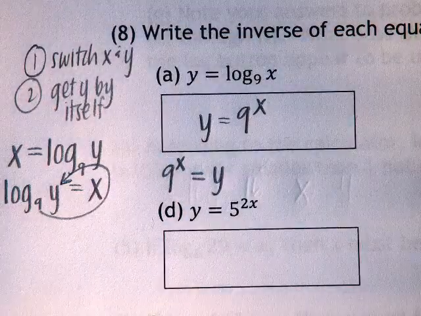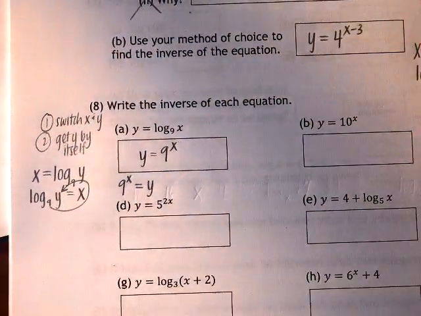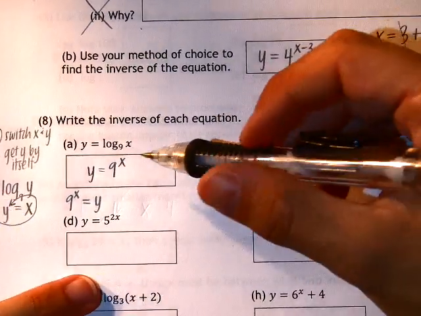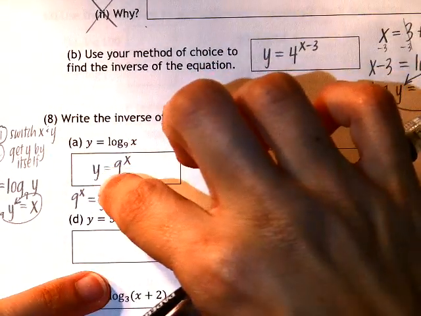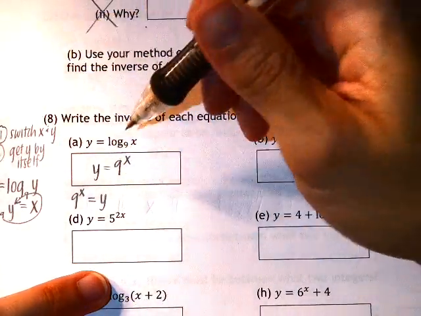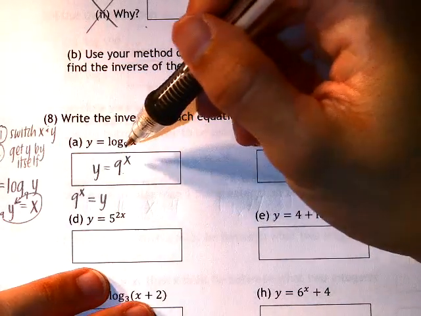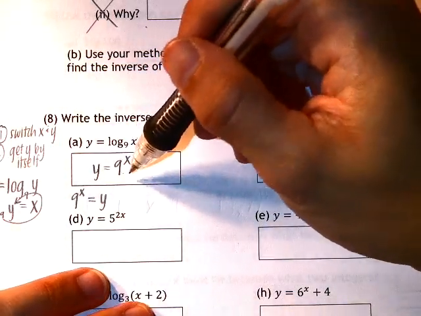You can always check, you can graph it in a calculator, you can check the answer key, you can do lots of different things to confirm, but it looks like we're good to go with y equals 9 to the power of x, because y is by itself, and visually, you can kind of tell this is right, because the opposite of a log is an exponential, so I'm expecting that in the inverse equation, I'll see that opposite operation.